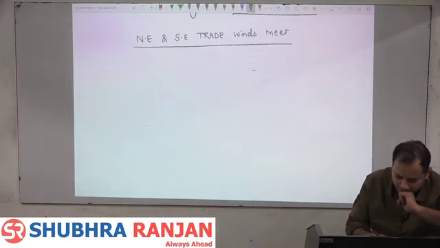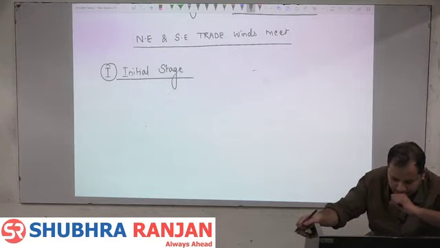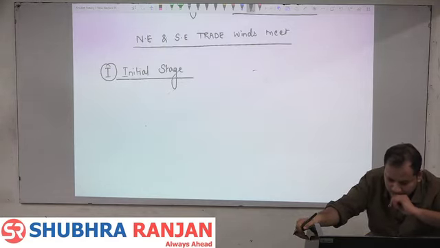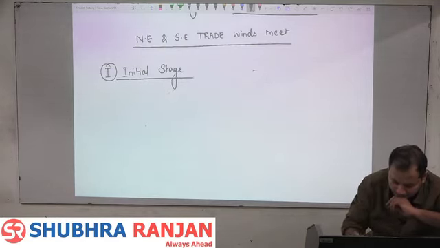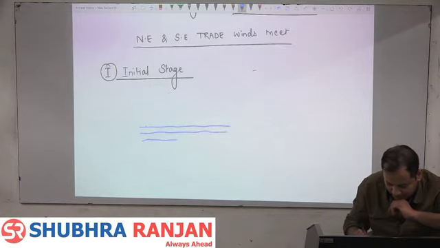Next point. It is divided into 3 stages. Stage 1, initial stage. Warm sea surface temperature, warm sea surface, bracket में 27 degrees.